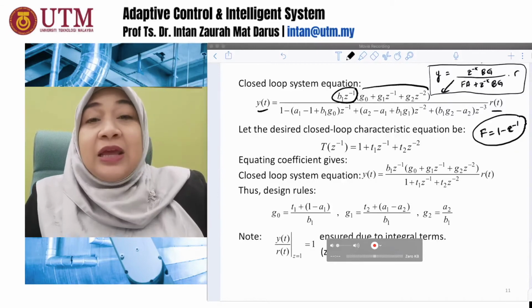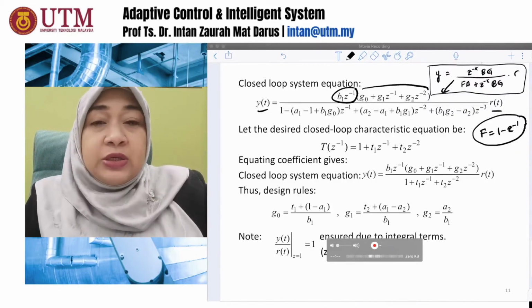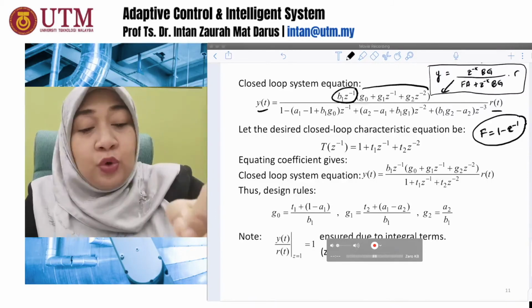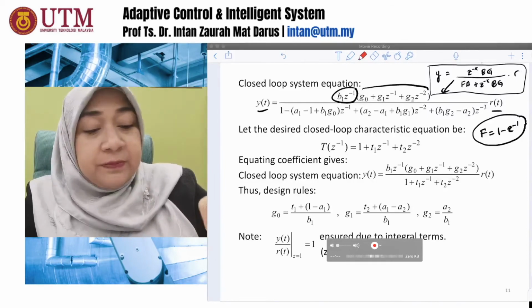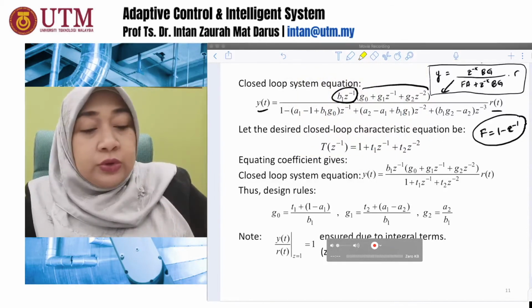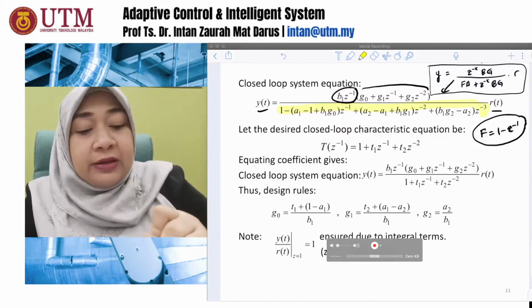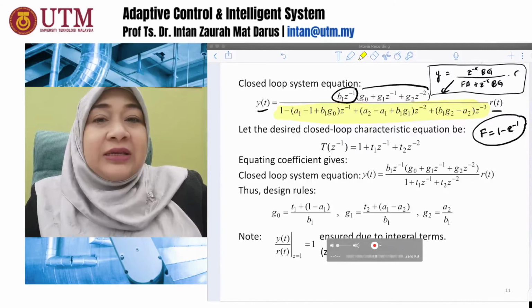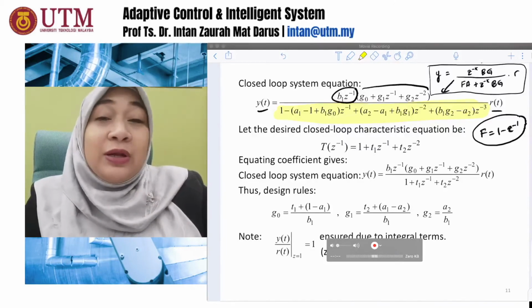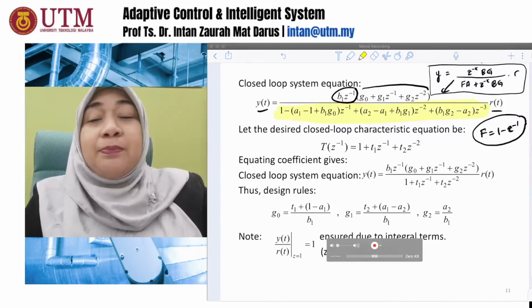All right, then similarly what you want to do is assign this closed loop system equation. The denominator of this closed loop system equation is your characteristic equation, isn't it? So in order to make it stable, you can use pole assignment to assign it to a stable pole.